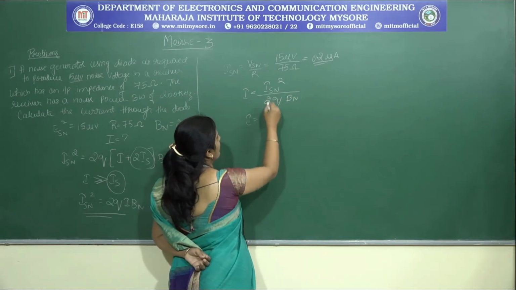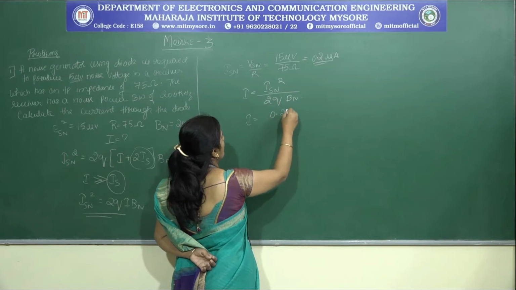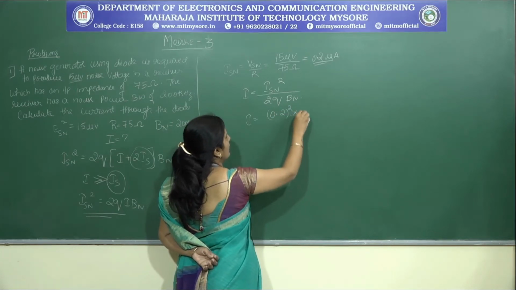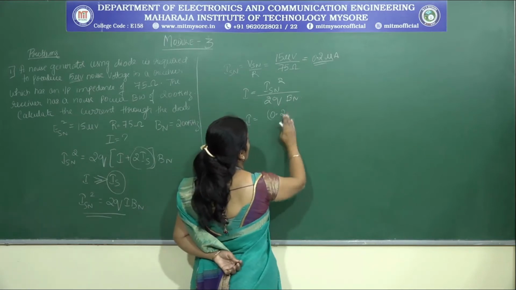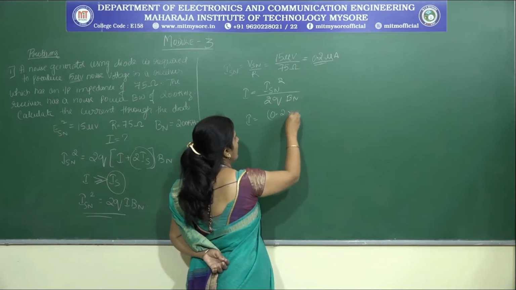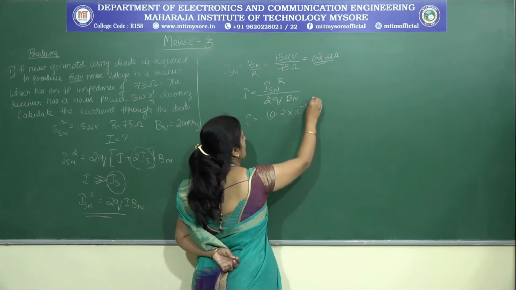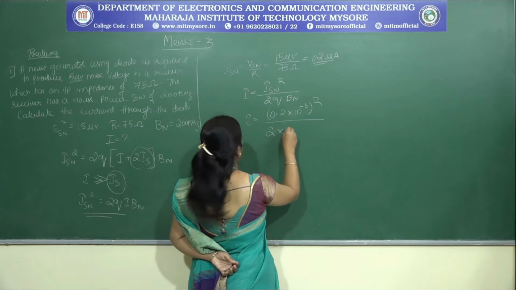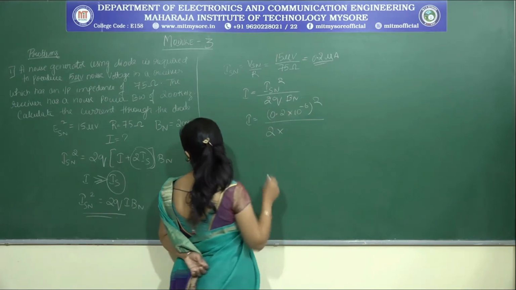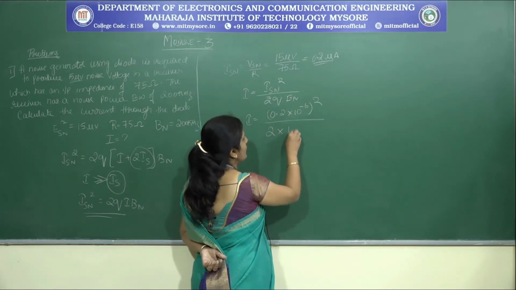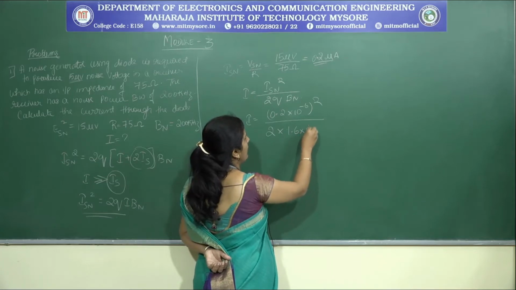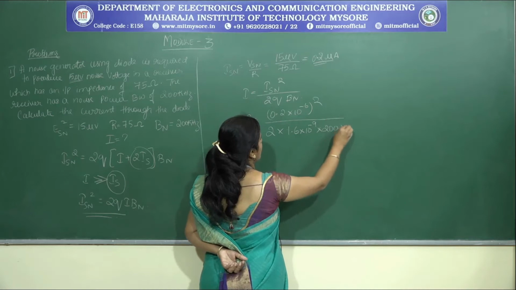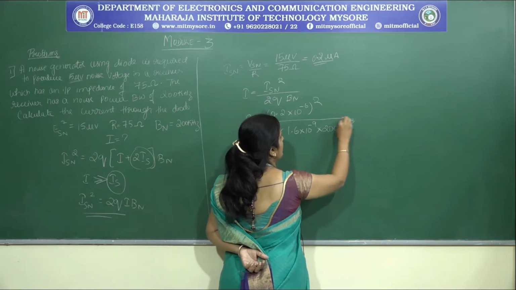Substituting for this, we get ISN square is equal to 0.2 into 10 power minus 6 whole square, divided by 2 into the electron charge, that is 1.6 into 10 power minus 19, into 200 kilohertz, that is 200 into 10 power 3.